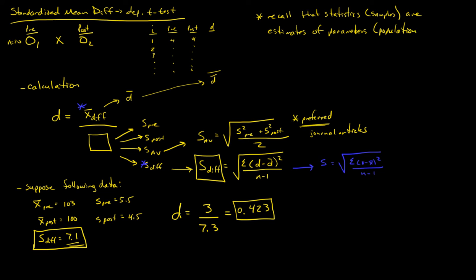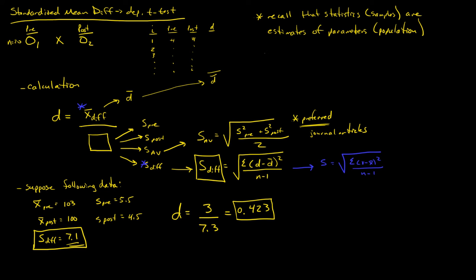You don't know what these differences and effects are in the population, so you take a sample from the population, calculate statistics, find out if you could consider those sample means to be different and what their effect is, and then you want to infer those back to the population. That's the whole point of inferential statistics.